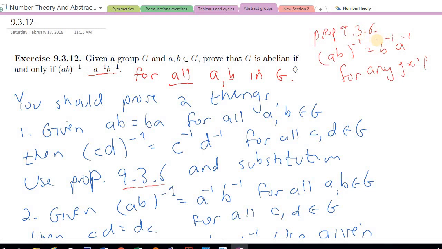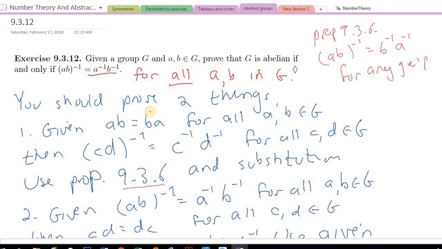Now, that's not what you want to prove. You want to prove that (ab) inverse equals a inverse b inverse. So what you should do is start with (cd) inverse and write down what (cd) inverse is as a result of proposition 9.3.6, and then say, let a equal something, let b equal something. And then by the given, you can draw a conclusion and get your result.